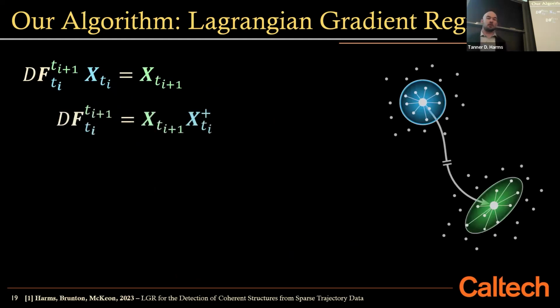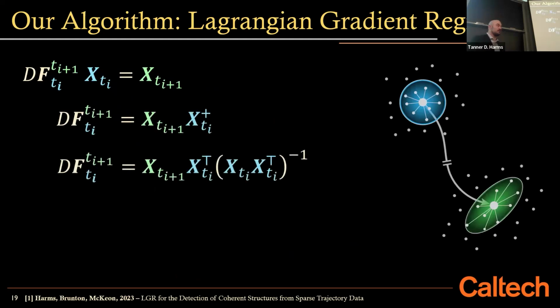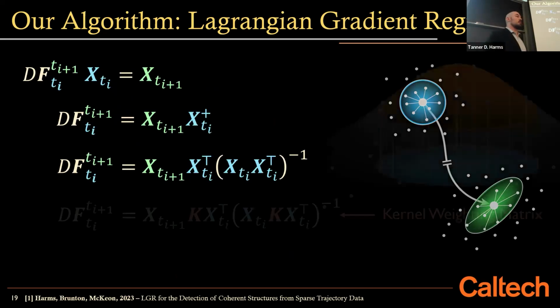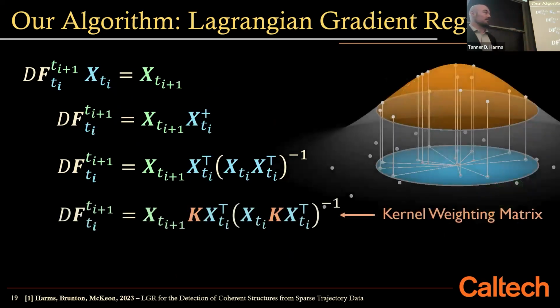First, I'm going to perform a Moore-Penrose pseudo-inverse, which is basically a regression that I'm doing. I'm regressing this operator using this equation, and we want to add a little bit more control over this. So we're going to put in a kernel weighting matrix. I'm illustrating that kernel weighting matrix from this curve over here, where at the center point, that's my 0 there, and it's got a full value.